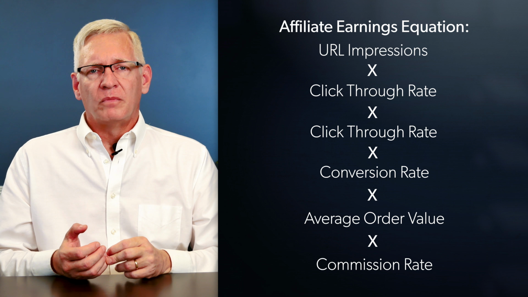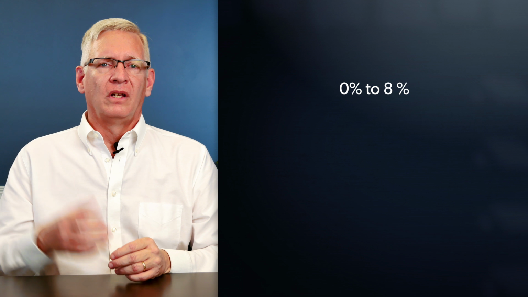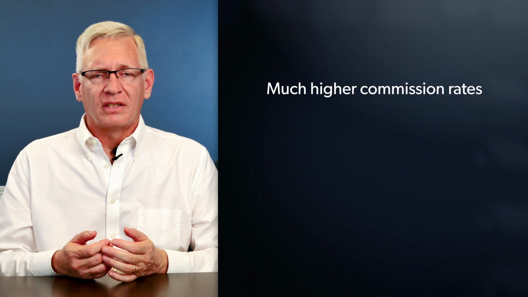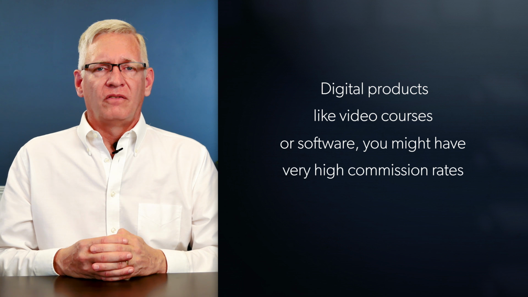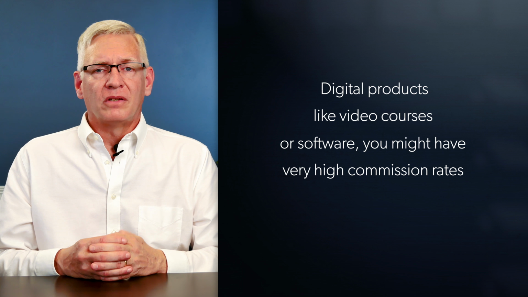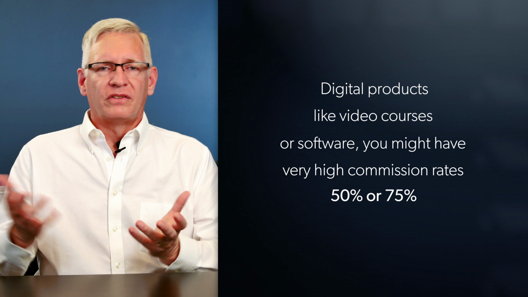In Amazon, the commission rates vary from 0 to 8%. Some retailers, and a lot of manufacturer affiliate programs, have much higher commission rates than that. And if you're selling digital products like video courses or software, you might have very high commission rates as well, maybe as much as 50% or even 75%.